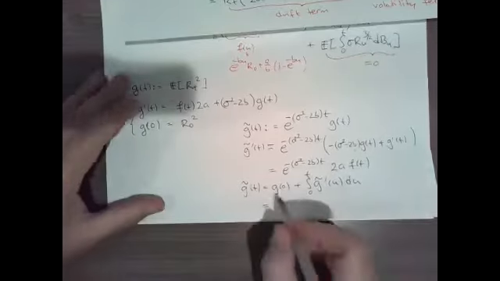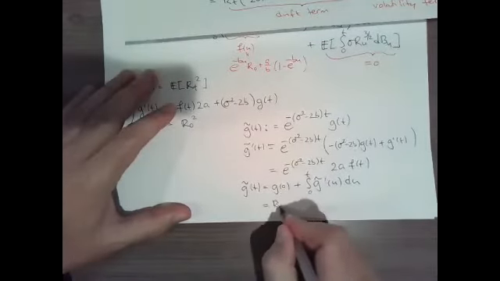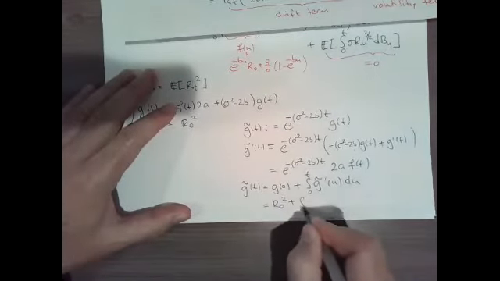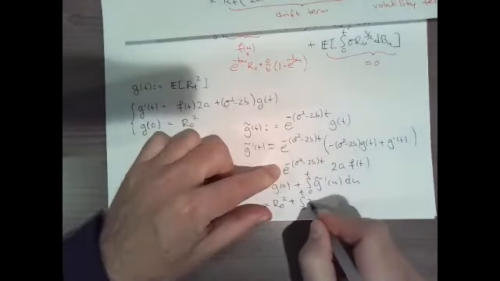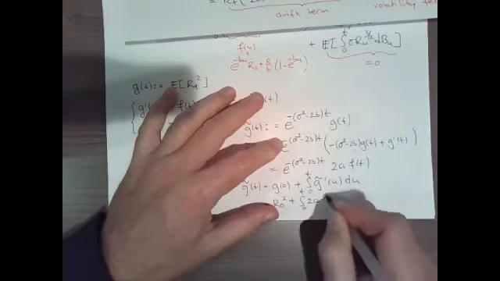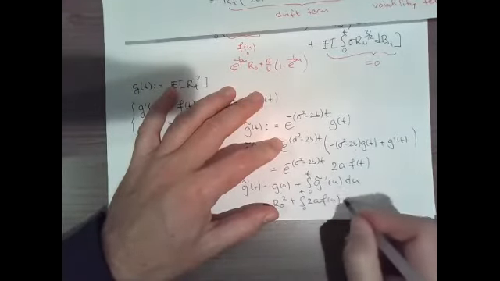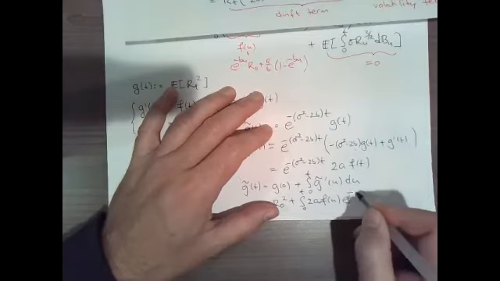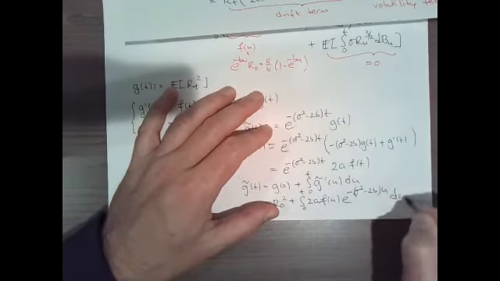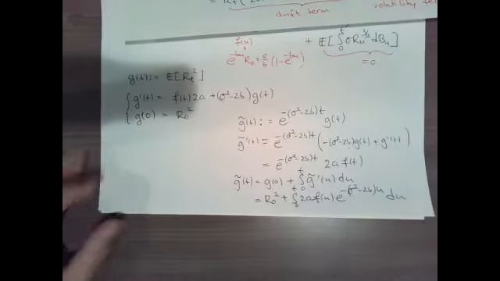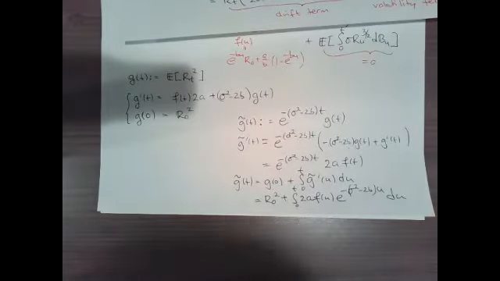So the initial value for g, that was r0 squared. And in the integral that you just computed, this was 2a f of u e to the minus sigma squared minus 2b times u du. That's your g function.